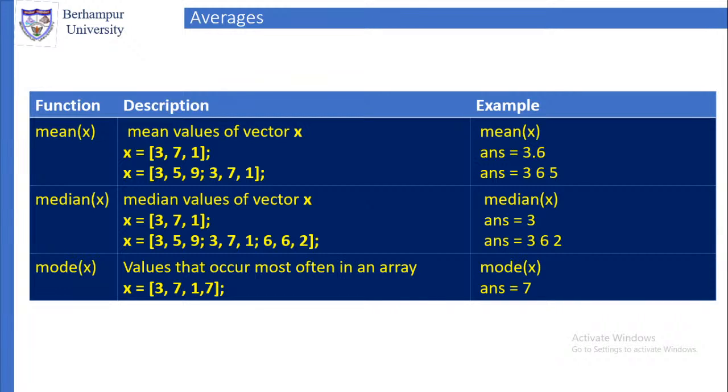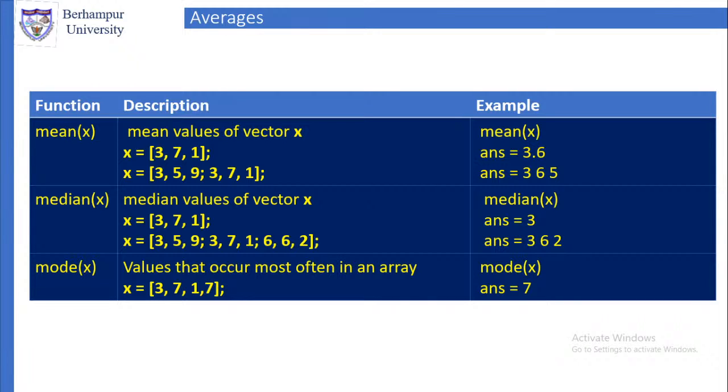So 3 by 2 is 1.5, rounding it up gives me 2, so the median is 3.